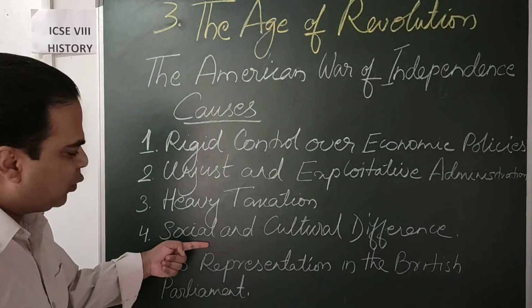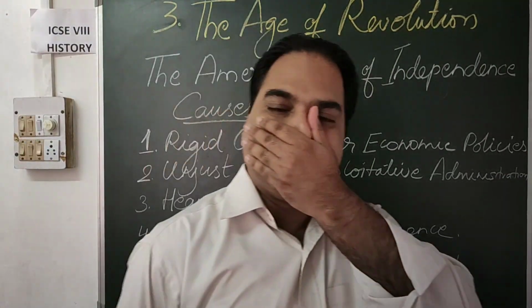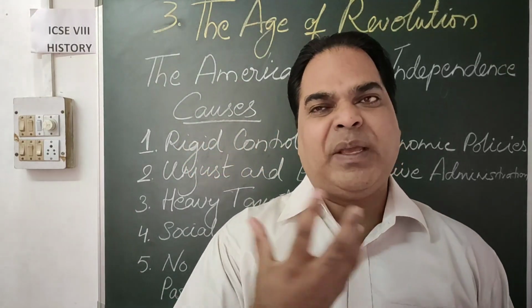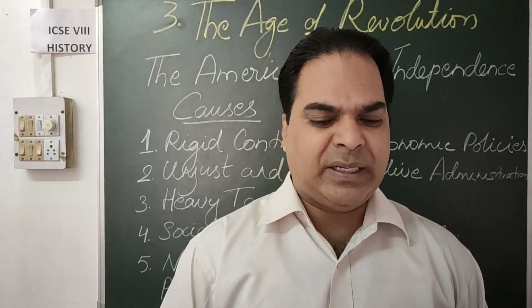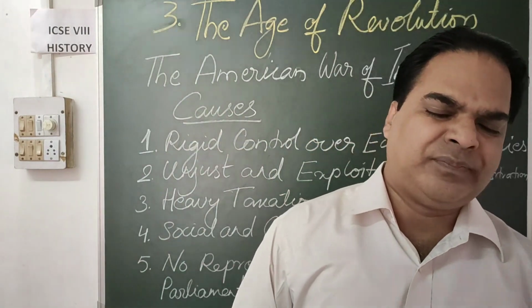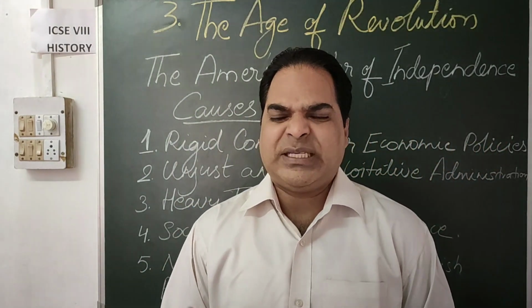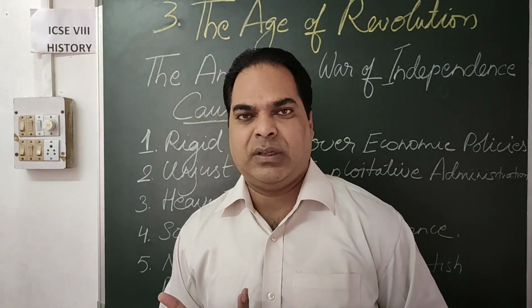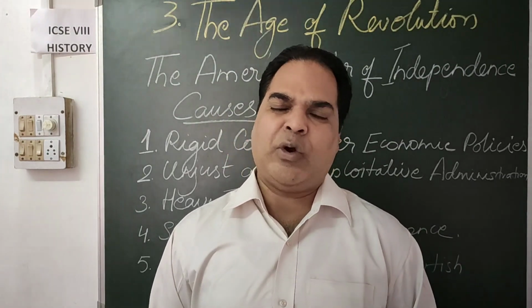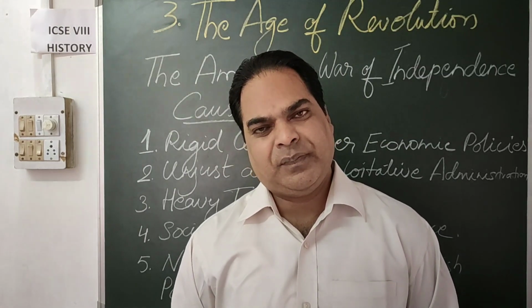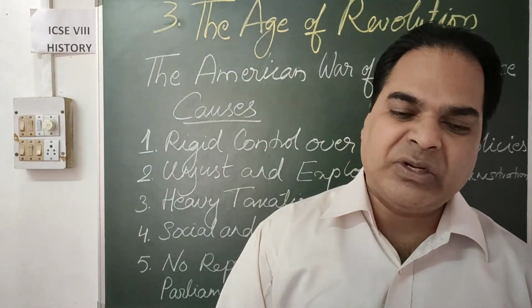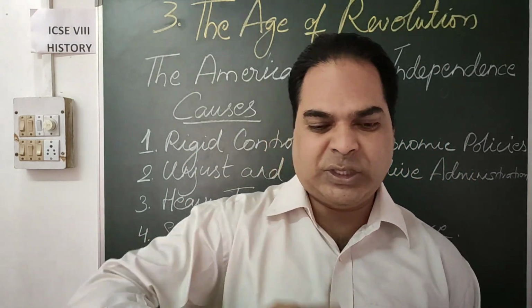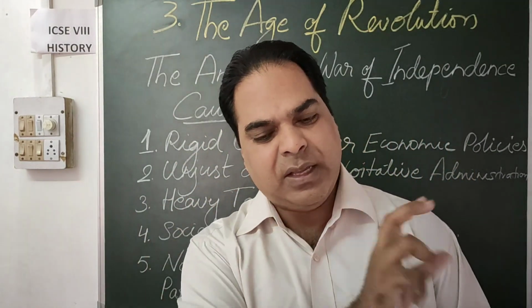The next one is social and cultural differences. You know that, my dear, when these people went and settled in these 13 colonies, they wanted to set up a separate identity as the people of the 13 colonies. We are now no more British people. So, socially and culturally, the American colonies were different from the British.